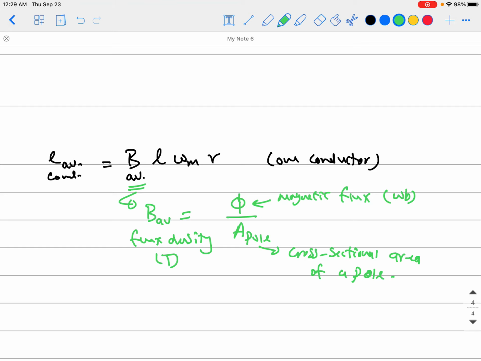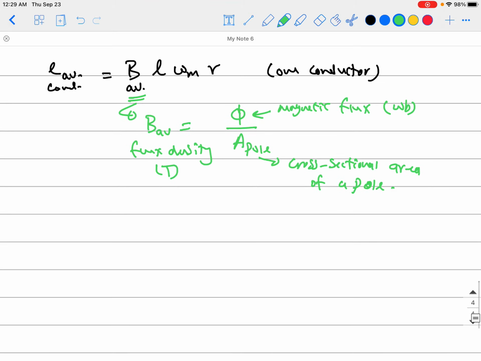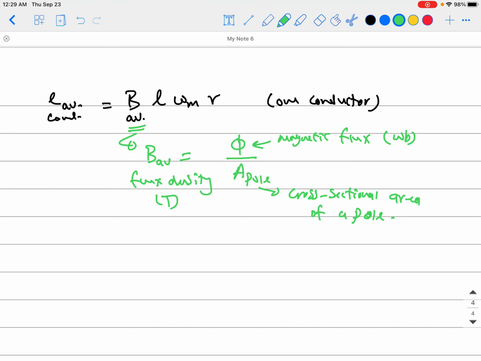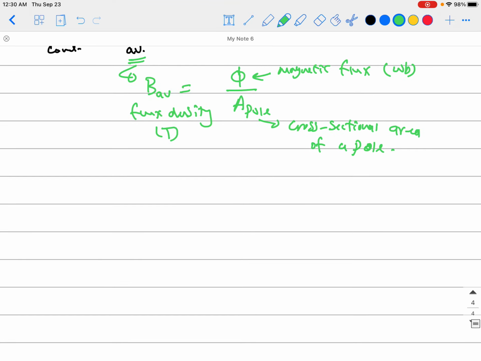Okay, you remember these poles, the North Pole and South Pole, we've been talking about all the time. By definition, the density is the magnetic field divided by the cross-sectional area. This flux is coming from a pole, so you just divide this flux by the cross-sectional area of the pole, and this will give you the flux density, B average.